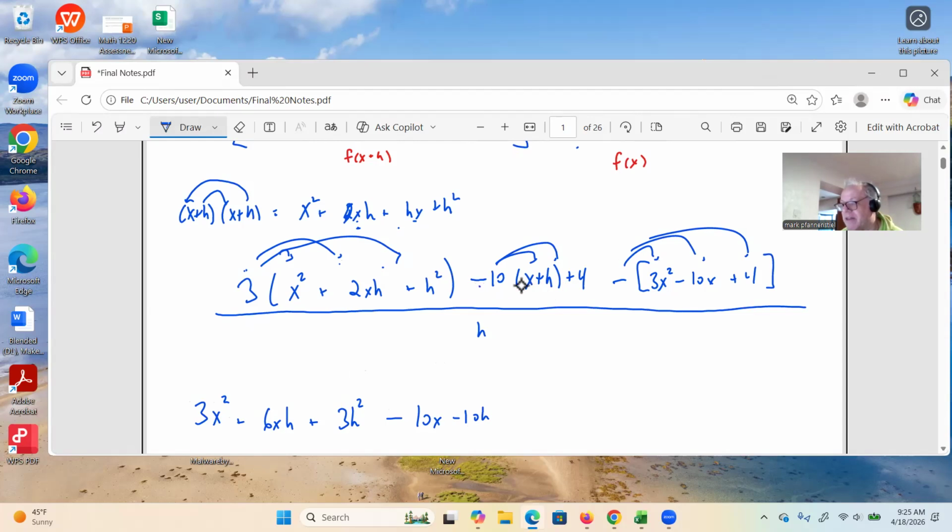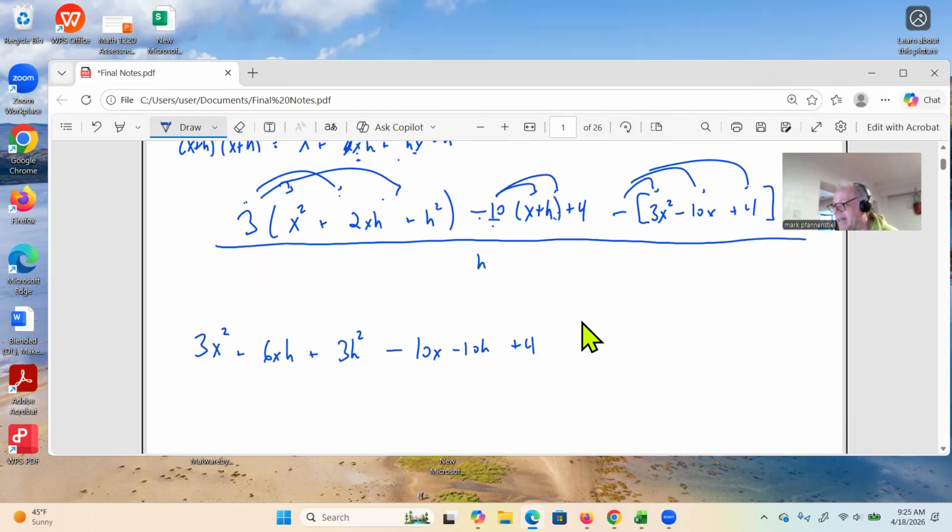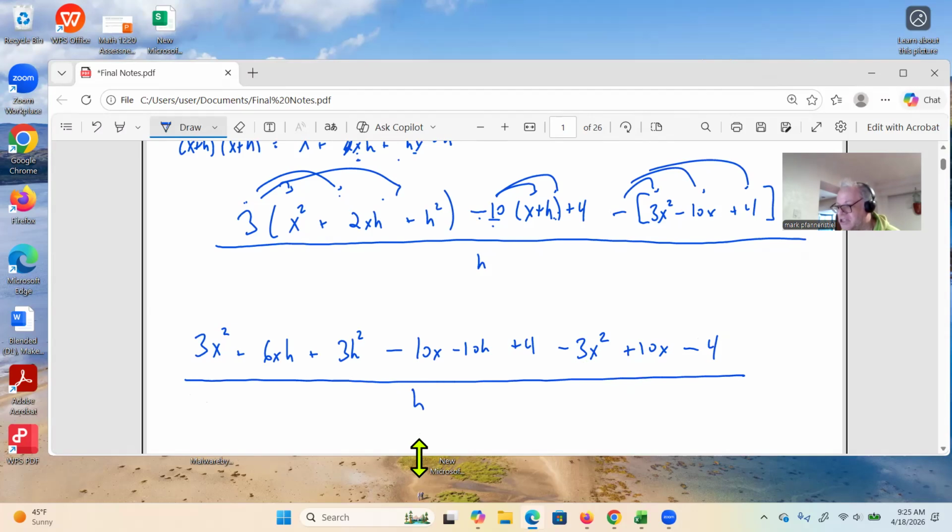Be careful that you get the negative on both of these. The mistake people make is usually right here with the second one. Plus 4. The other mistake people make is that they forget about this negative. Minus 3x squared, minus minus is a positive 10x. And we have a minus 4. And all of this stuff is over h.